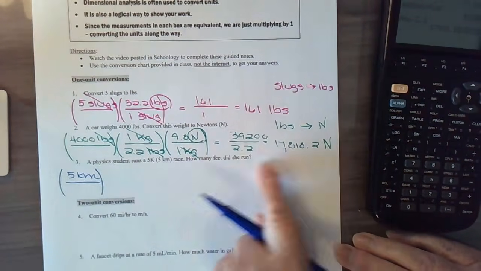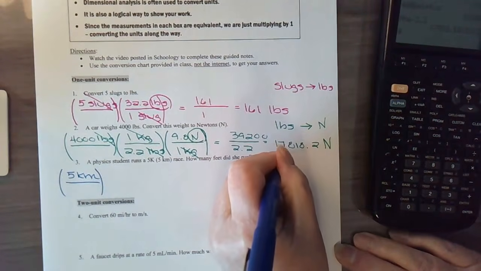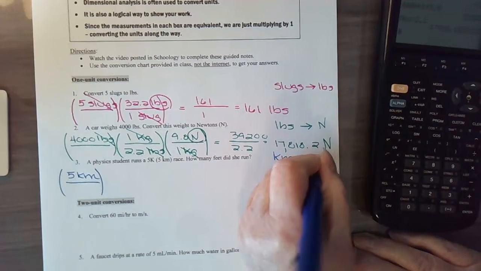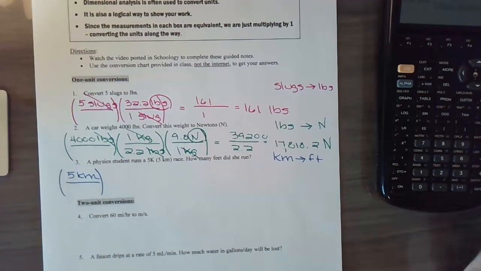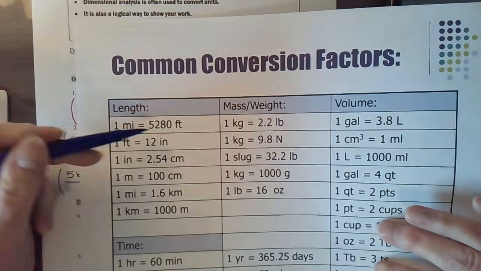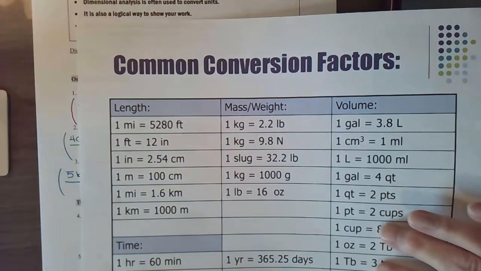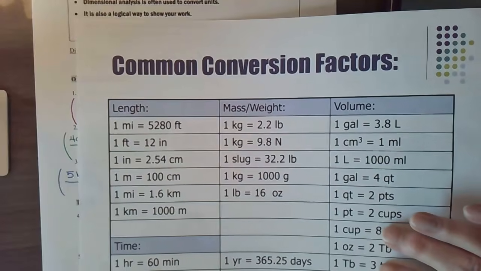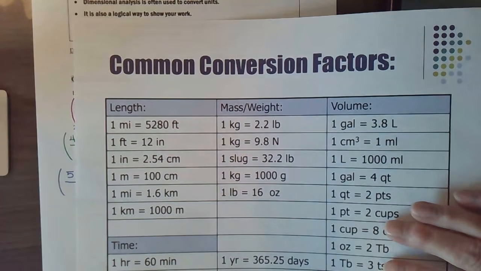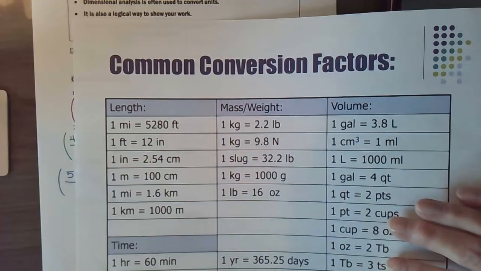And I'm going to make myself a note that I'm going kilometers to feet. And these are lengths, so I'm going to look over here in the length category. You'll notice there's nothing that goes kilometers to feet. That just tells you that it's going to take you multiple steps.